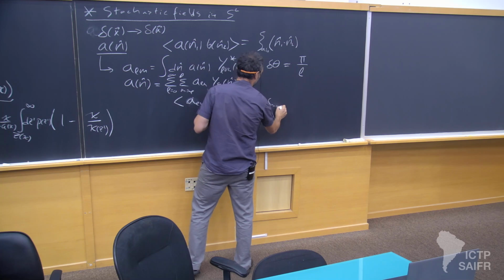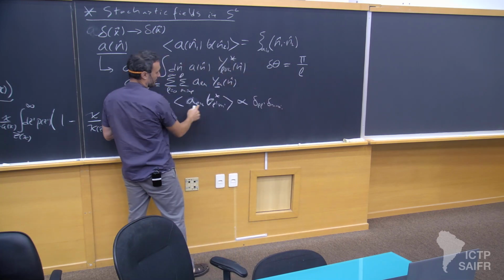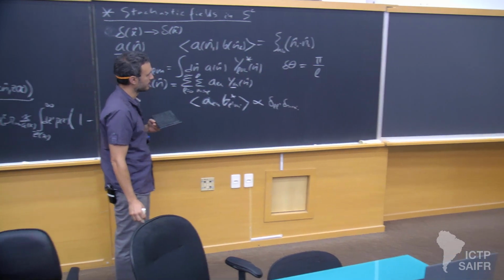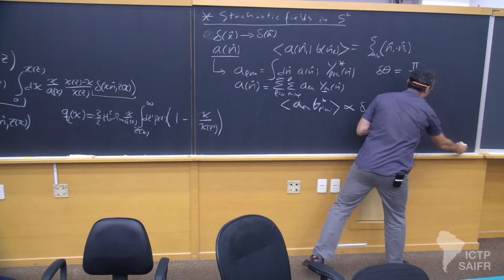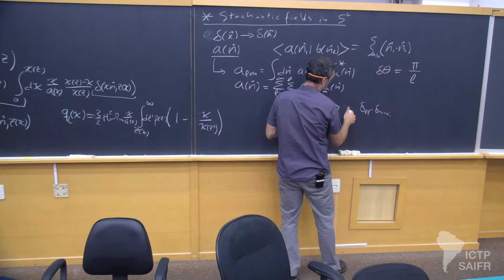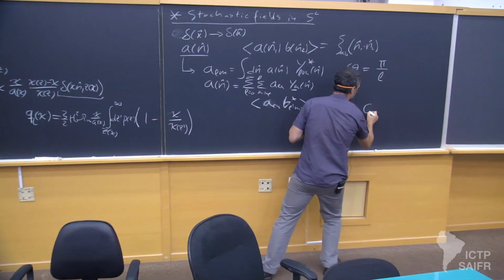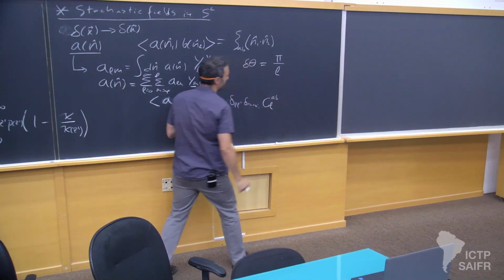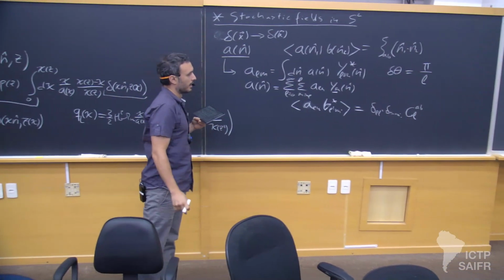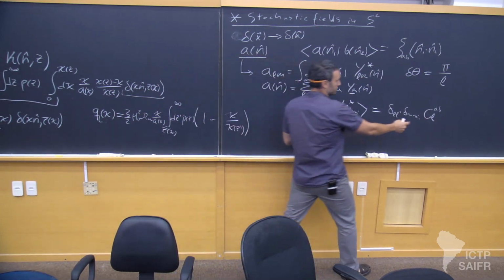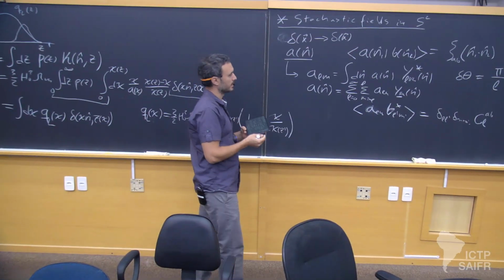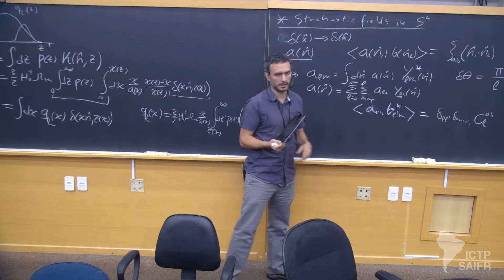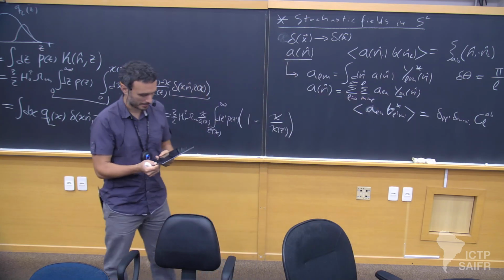So different harmonic coefficients should be uncorrelated to one another if you have statistical isotropy. And the proportionality constant is what we call the power spectrum, CL AB, which only depends on the modulus of the wave vector, meaning the L harmonic number.